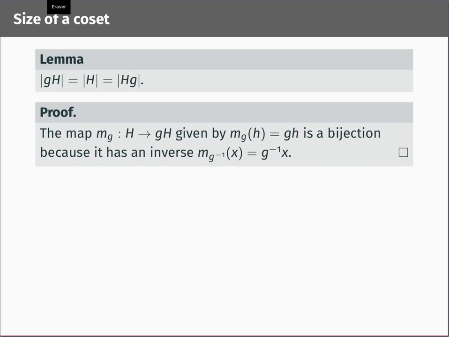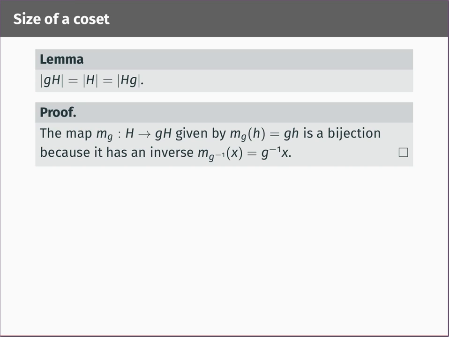The proof says that there is a map from H to the left coset gH given by left multiplication by g. And that is a bijection because it has an inverse, which is left multiplication by g to the minus 1. So since it's a bijection, those sets have the same size. Now that's just for the case of left cosets, but the argument for right cosets will be exactly the same.